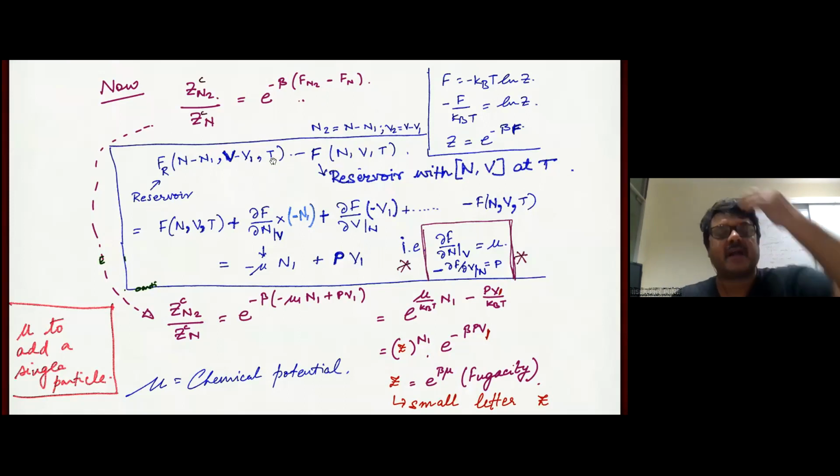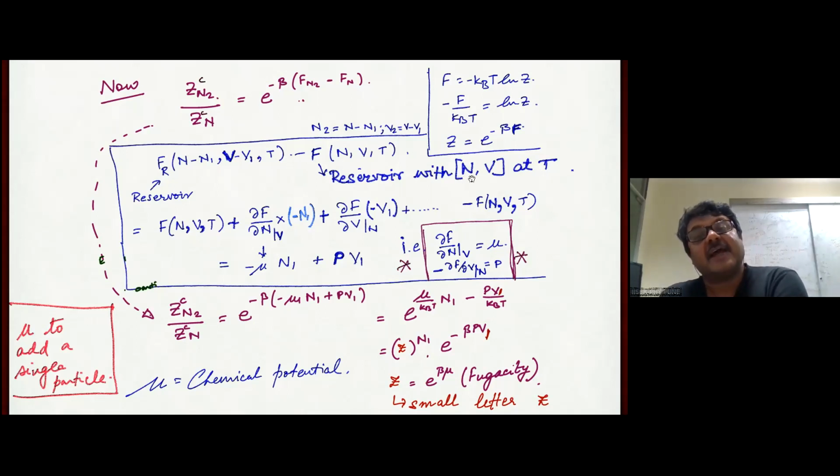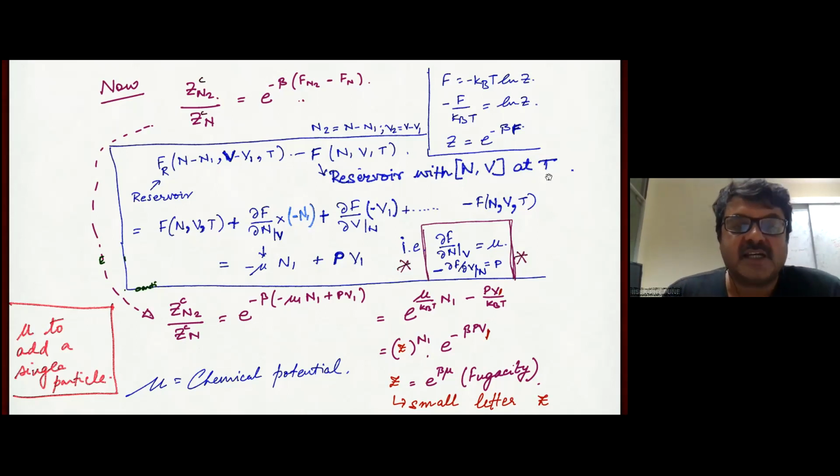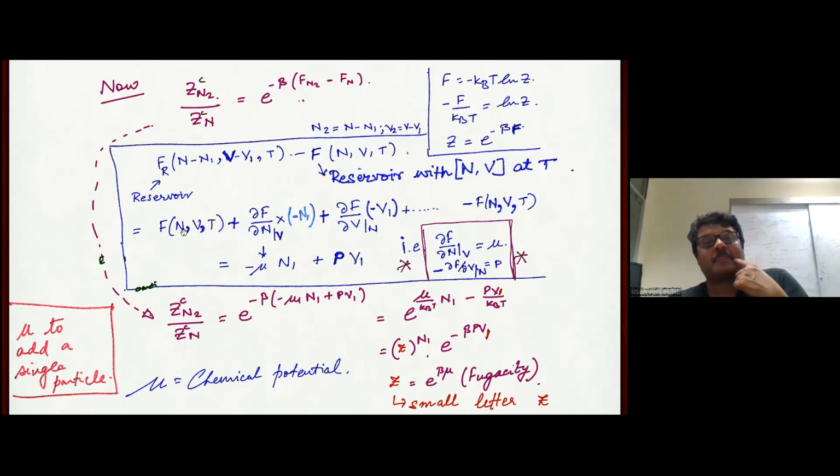So the reservoir and the system need to have the same temperature, minus F, the reservoir with n particles and V at temperature T. And then if you do a Taylor series expansion of this, then it is free energy NVT. Note, this is capital N, right?